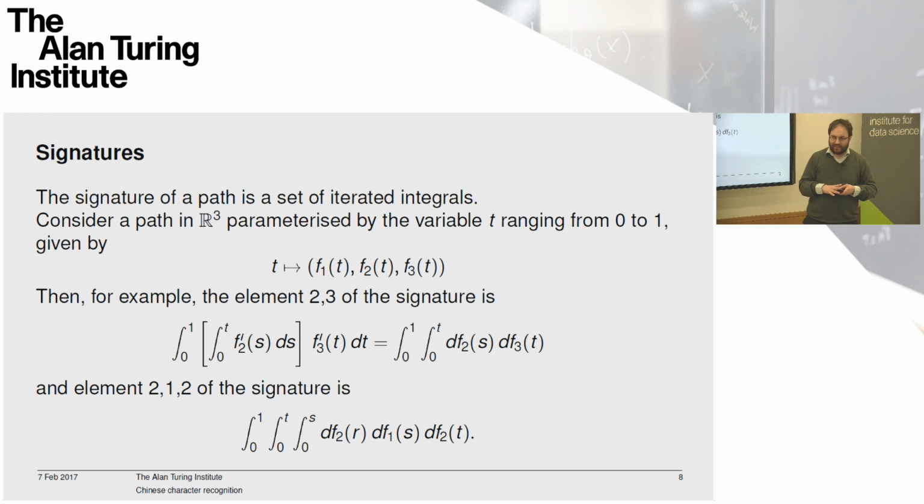One is that if the path never goes exactly back on itself, which is called having a tree-like component, then in fact the mapping between paths and signatures is kind of one-to-one. So a path's signature will be the signature only of that path and not of any other path.